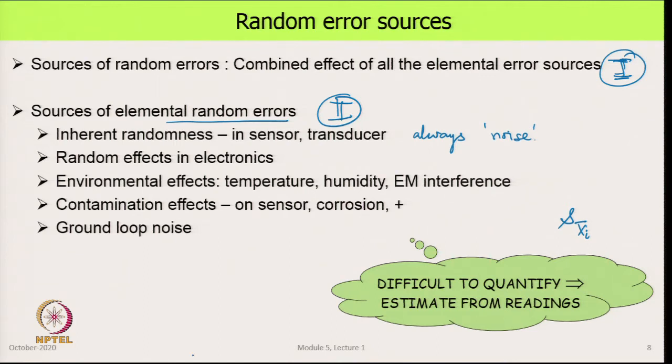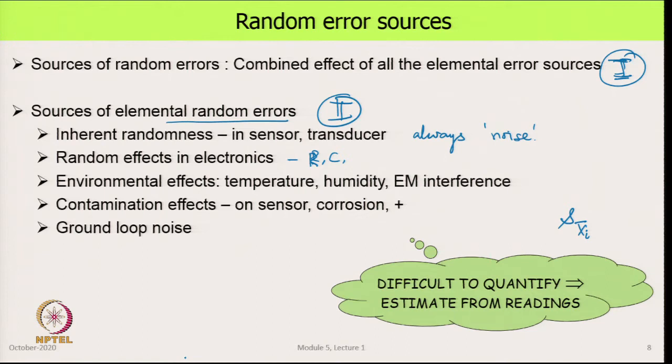So, whether it is an infrared sensor or a thermocouple bead or a strain gauge, this will always be there. We cannot escape it. Then there would be random effects in electronics. So, you have elements like resistance, capacitors, inductors, all of them, nothing is exact, and they always have some randomness in their behavior. So, this contributes to the errors.